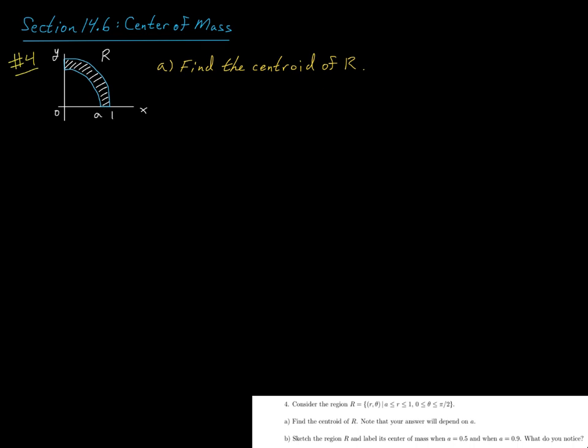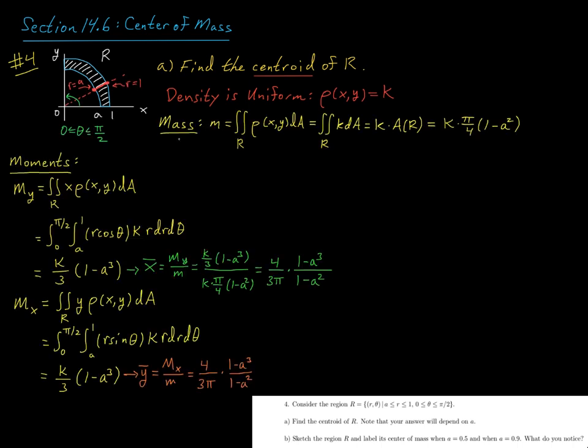Recall that when talking about a centroid, the assumption is that the mass density is uniform. For the mass calculation, I'm just going to be integrating our density function over this region, which is integrating a constant.